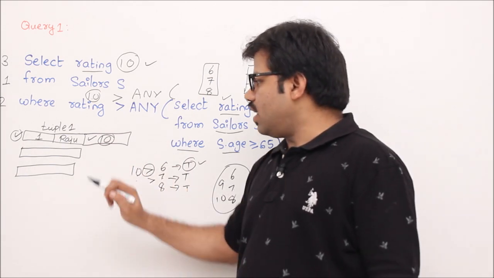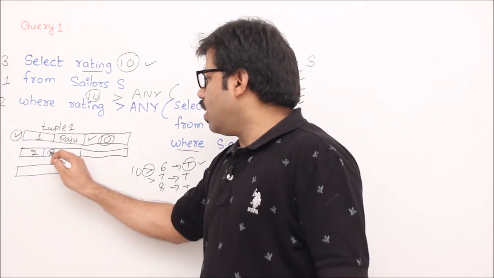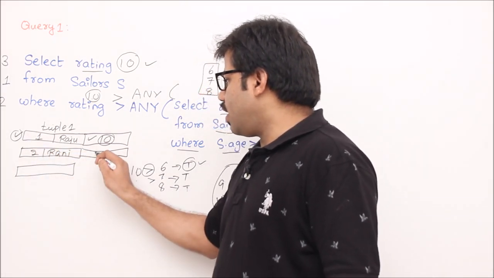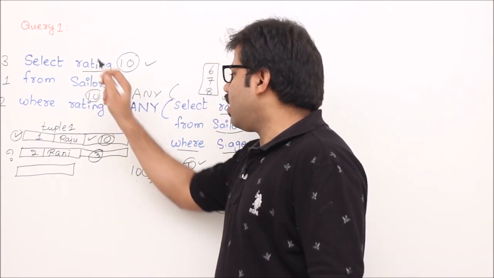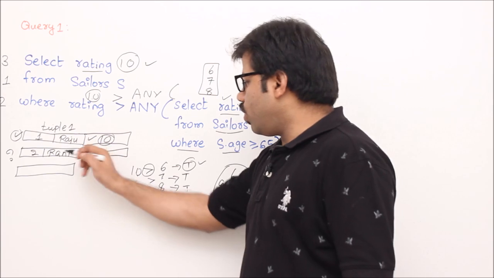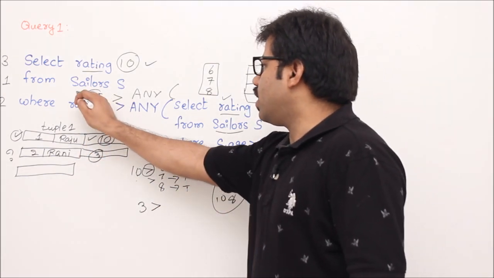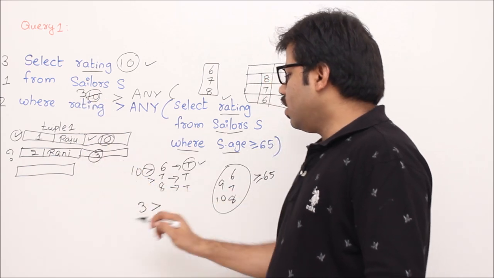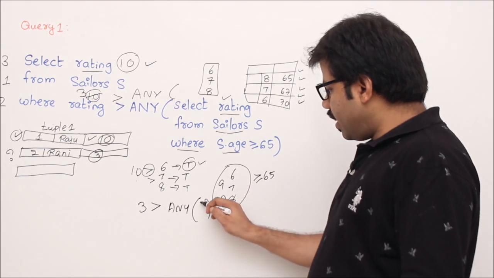Now my question here is, let's say the second tuple from sailors is 2, Rani, and let's say the rating is 3. Is this rating 3 printed or not? This 3 will be printed only if 3 is greater than any of this one, because we substitute 3 here when we evaluate the second tuple. What are these ratings?